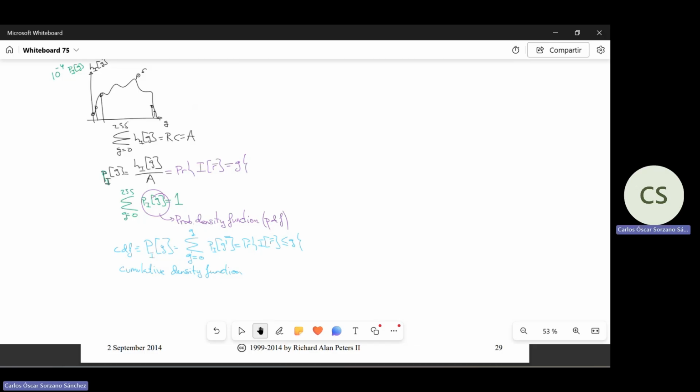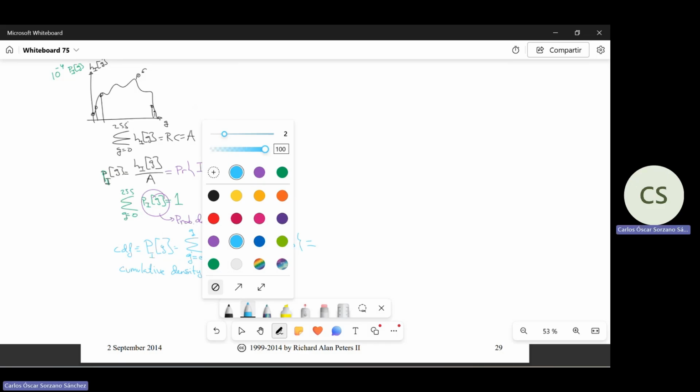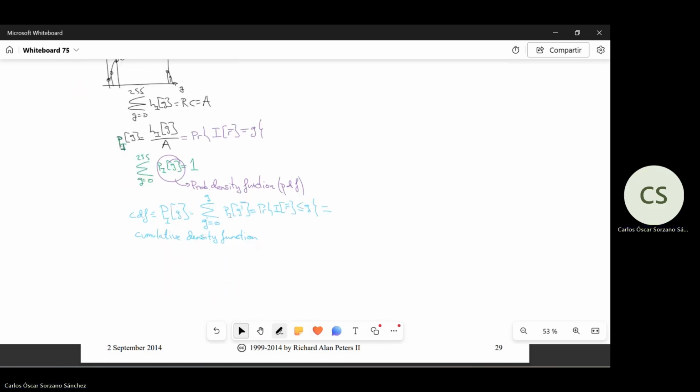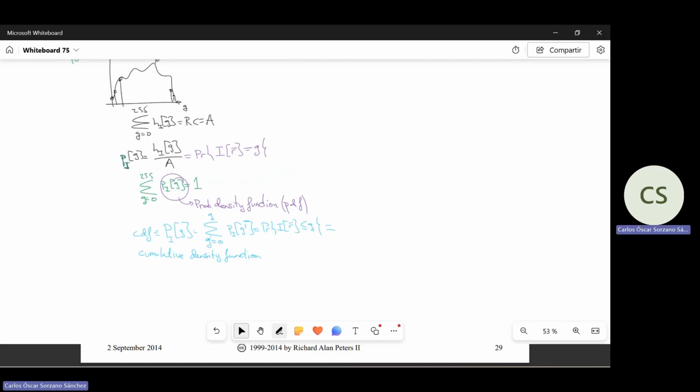You can decompose this sum: the sum from G prime equals 0 to G minus 1 of p_I of G prime, plus p_I of G. Do you agree with that?